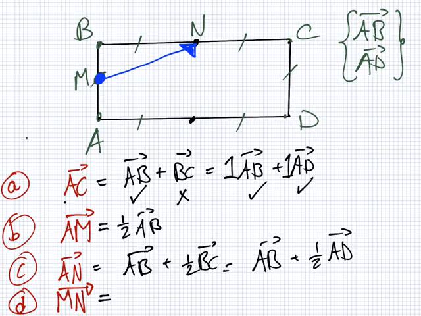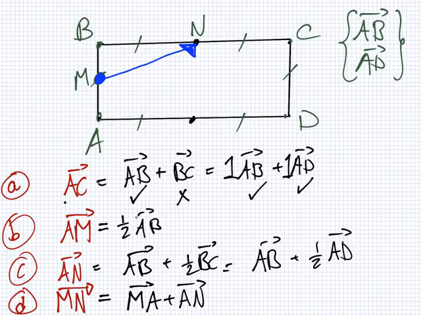You finished it? What did you get, Mary? Half AB plus half AD. Yes, that's it. So let's have a look here. MN is the same as MA plus AN. There are many ways to do it, this is just one way of doing it.